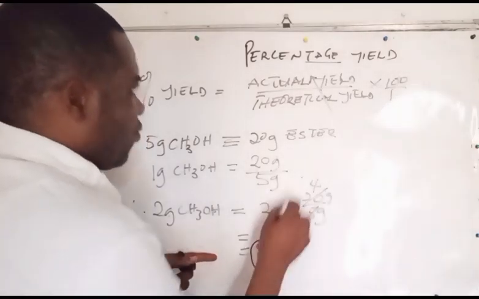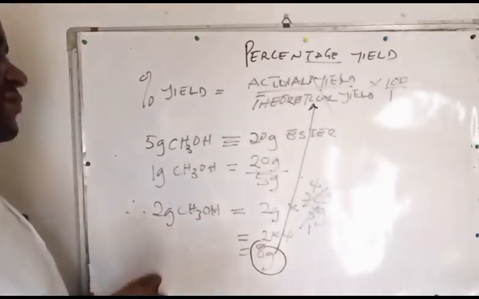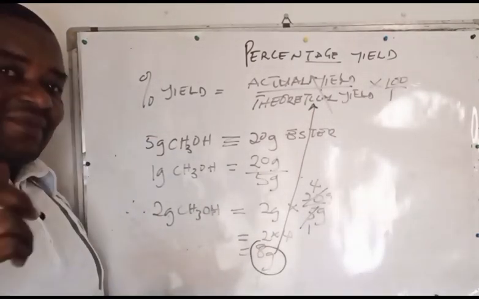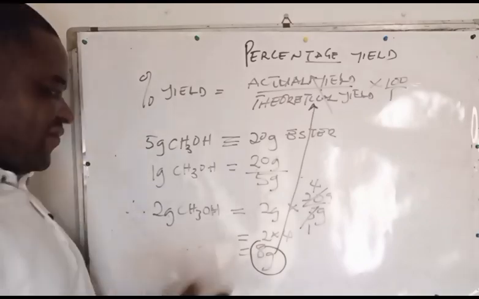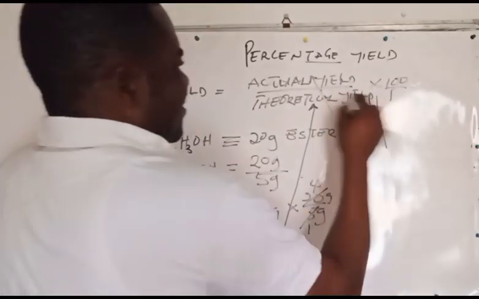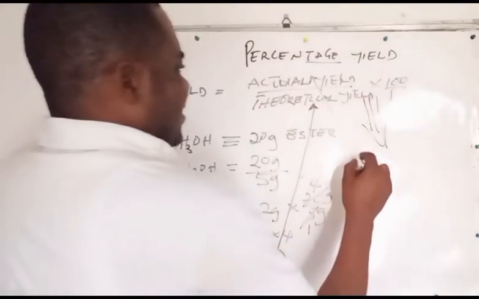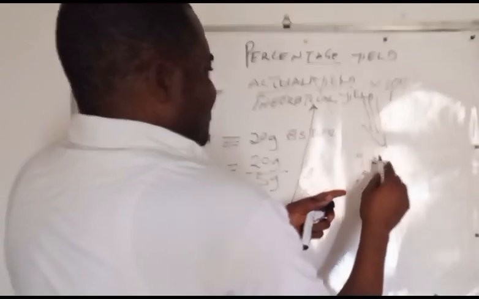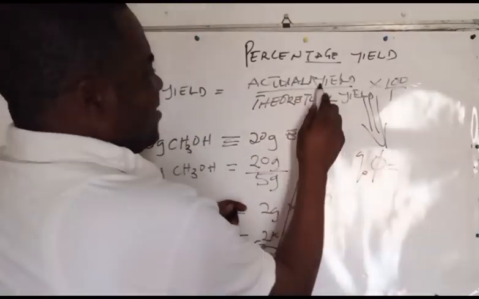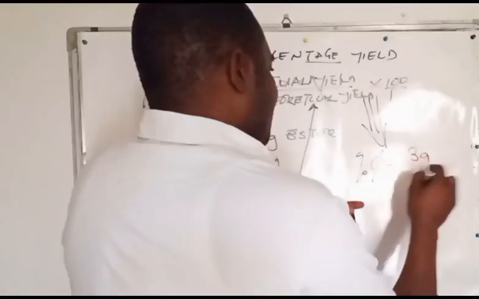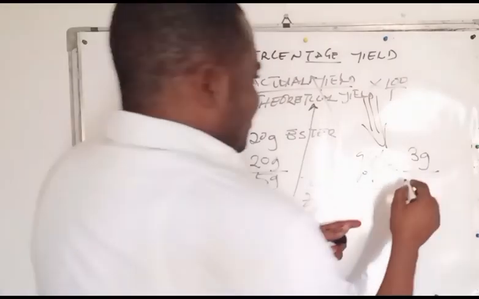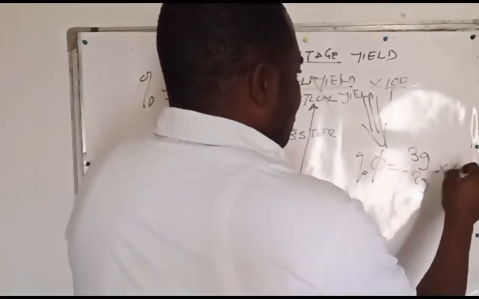This now forms our theoretical yield. So we have our actual yield, which was 3 grams, and we now have our theoretical yield. Following this formula, our percentage yield is equal to the actual yield, 3 grams, all over the 8 grams, which is the theoretical yield we've calculated, times 100 over 1.